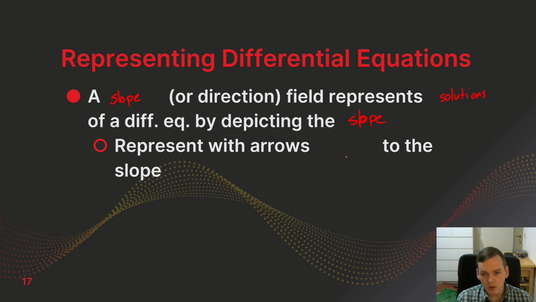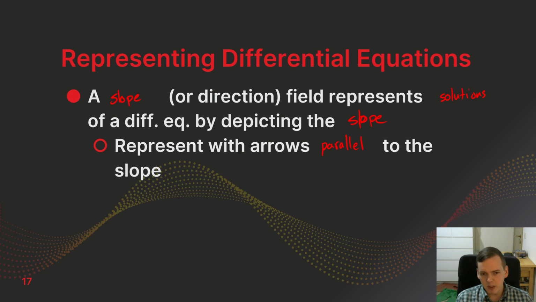So they show literally every single slope in this field. And that means it will give us an idea of what the possible solutions are. So what we do is we represent these with arrows that are parallel to the slope at that point, or tangential to that slope at that point, if you wish.